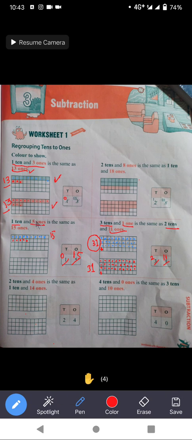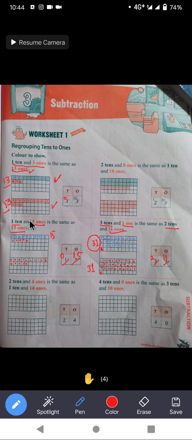Let's see how. So 1 ten and 5 ones is equal to 15 ones. Now in this we have to fill 15 boxes. Okay, 1 2 3 4 5 6 7 8 9 10 11 12 13 14 15. Okay, both are same here. 15 we have colored here and 15 here.